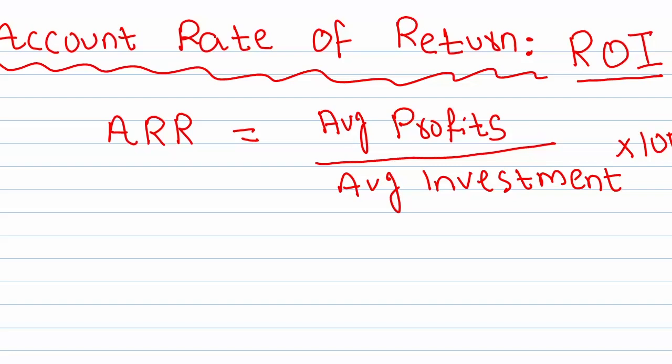Average profits divided by average investment. And we get an accounting rate of return or return on investment.